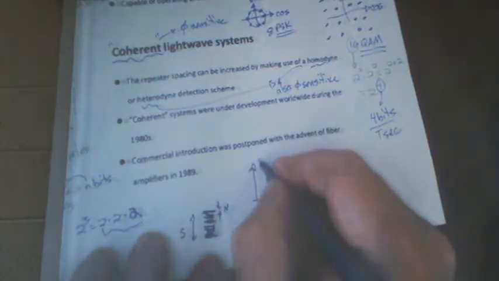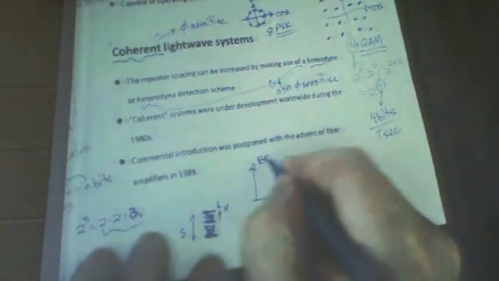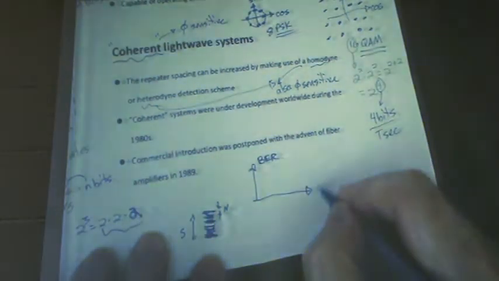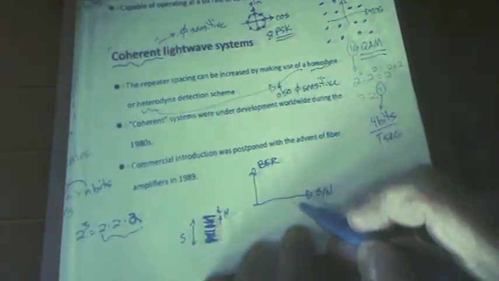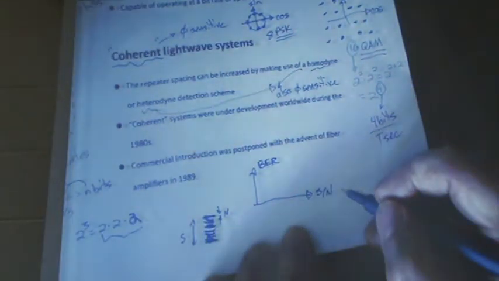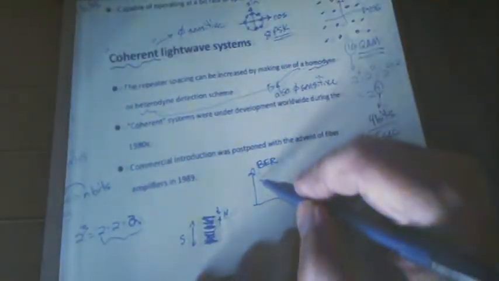So the probability of error is also called the bit error rate. As a function of signal to noise ratio. Let's see, should this go up or come down? As I have better signal to noise ratio, I make less errors. Right? So I'll have some curve here for binary case. And as I cram more and more levels in there, what happens?